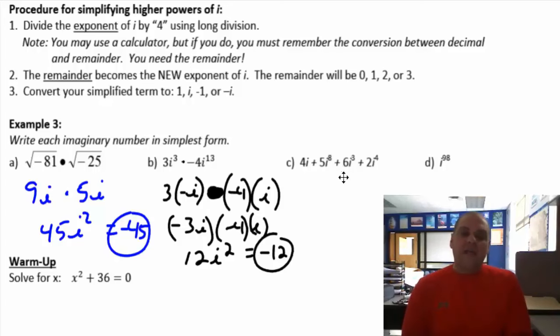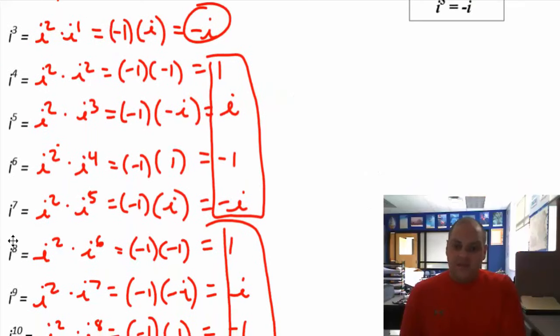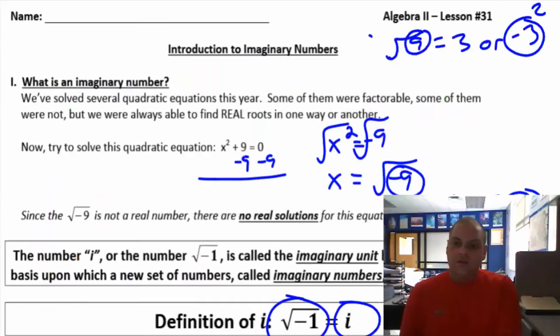Now here, when you're adding, you have to simplify them each separately. So I get 4i plus 5i to the 8th. i to the 8th is 1.